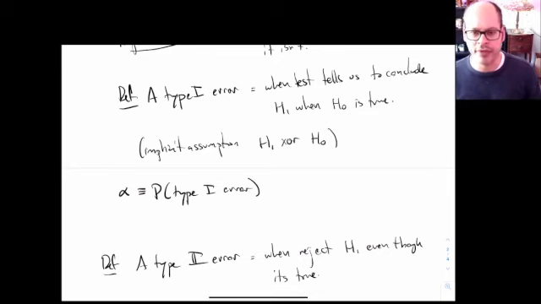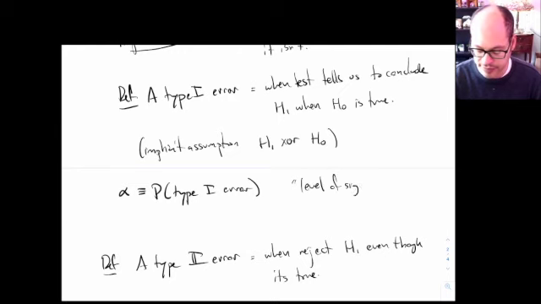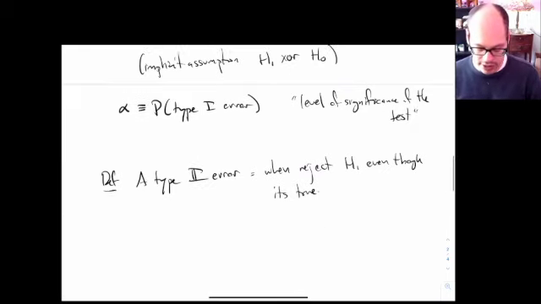And if you have a small alpha, then that means that when you get a positive result, it's probably for real, right? So alpha is called the level of significance of the test.